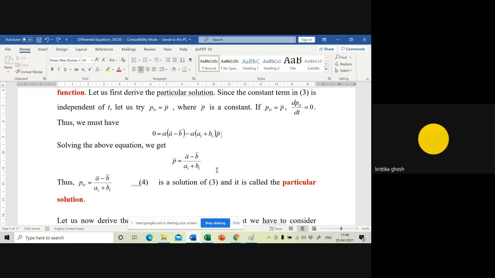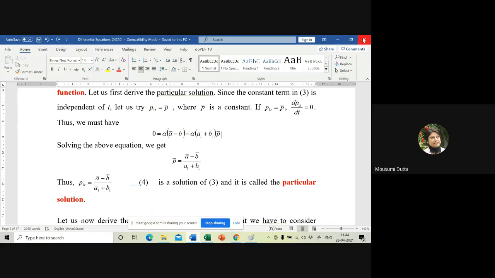Yes, ma'am, understood. In the similar way, here too, we are deriving the time path for PT. It is moving up, moving down, etc.